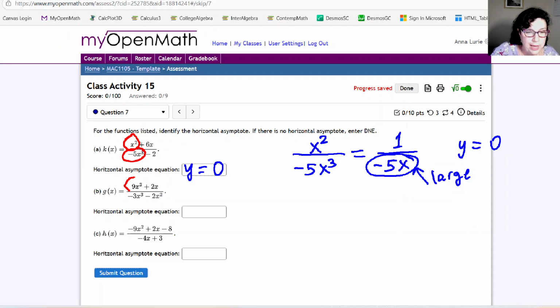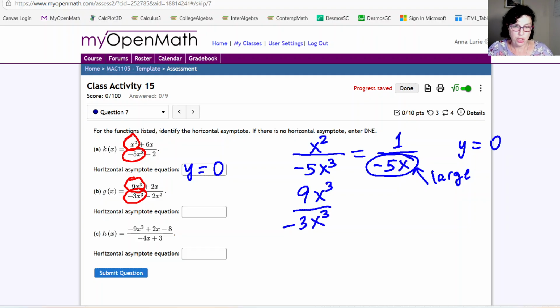Now, what happens in the second example? Here again, the only terms that matter are the ones with the larger power. Now you can see that 3 there. So we're going to only preserve those. We're going to have 9x cubed divided by -3x cubed. And you can immediately see that x cubed and x cubed are just going to cancel. And then you're going to get 9 divided by -3, which is -3.